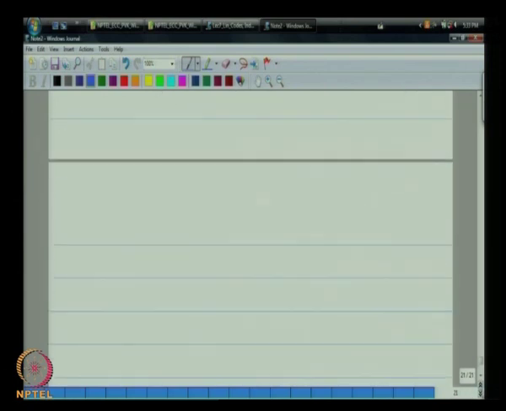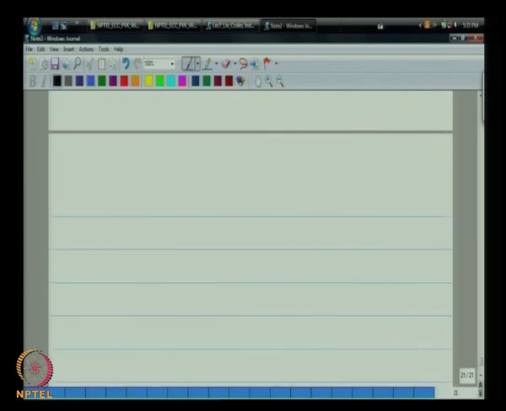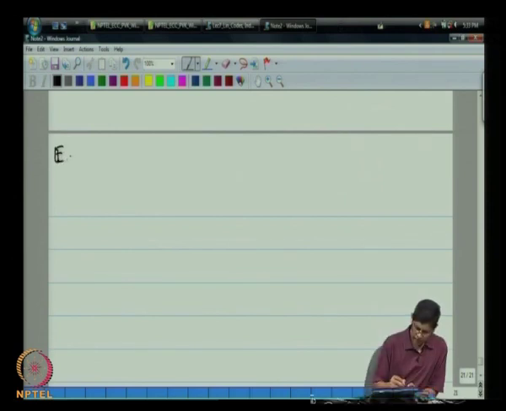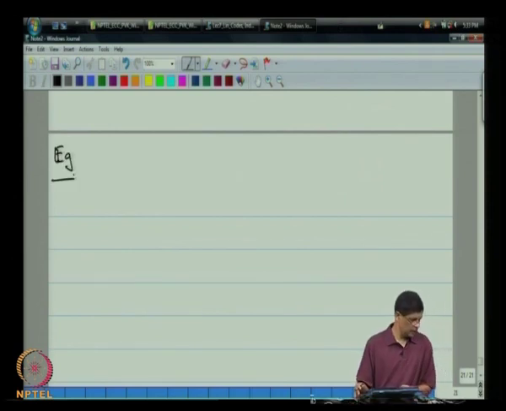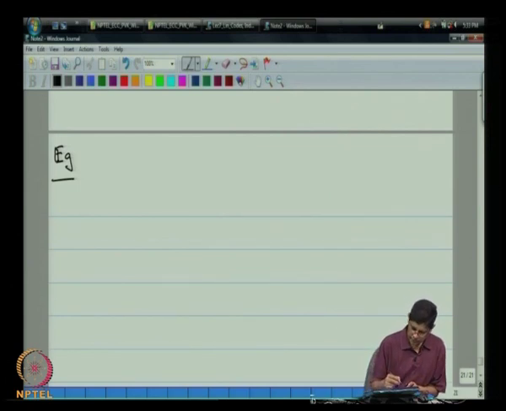Next, let us look at another example: the single parity check code.